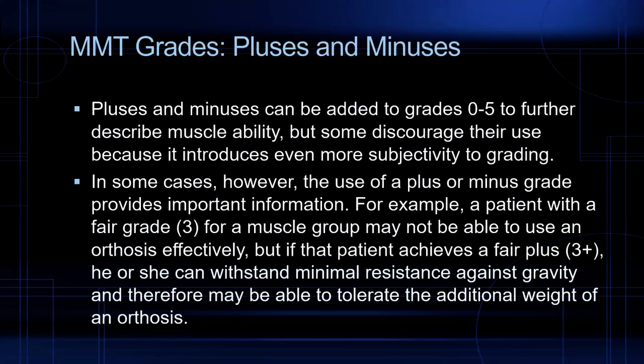What happens is, say you're testing a patient at their max and you're giving them maximum pressure and they hold it for most of the time, but then they break at the very end, what are you going to do with that? All right? What if you're giving them moderate pressure and they hold it, but then they break at the very end? What are you going to do with that? So you're going to see people sometimes giving pluses or minuses, okay?